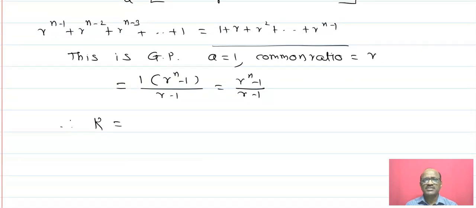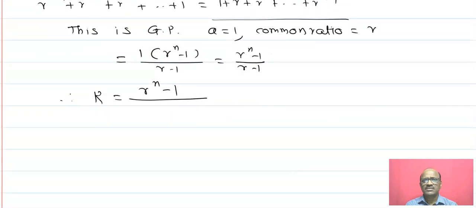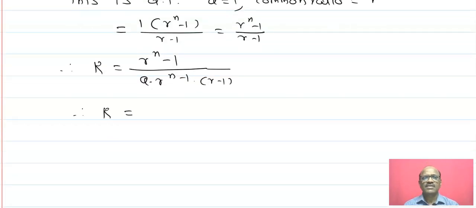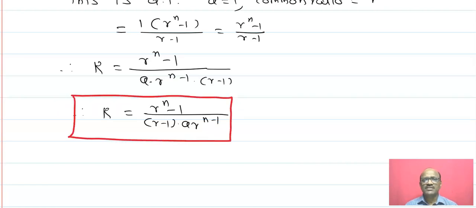Therefore, the sum of the reciprocals is r raised to n minus 1 upon a into r raised to n minus 1. Therefore, capital R is equal to r raised to n minus 1 upon r minus 1 into a r raised to n minus 1.